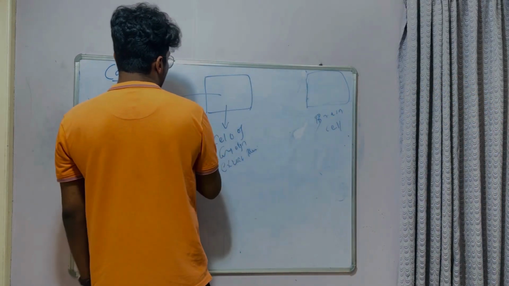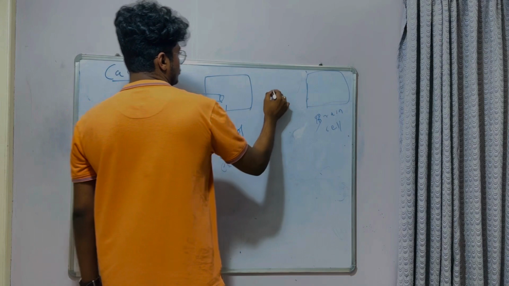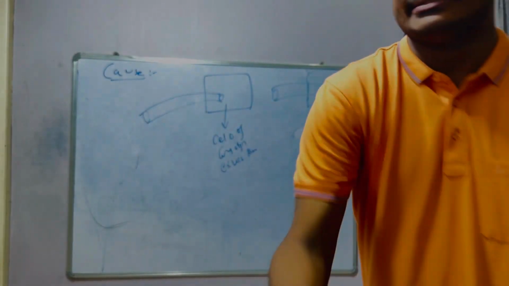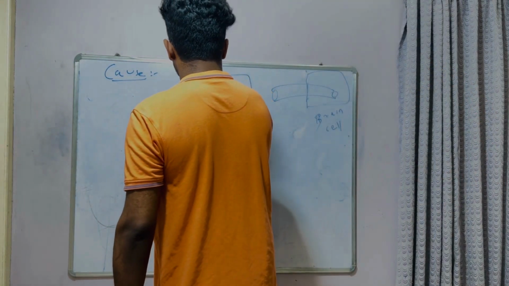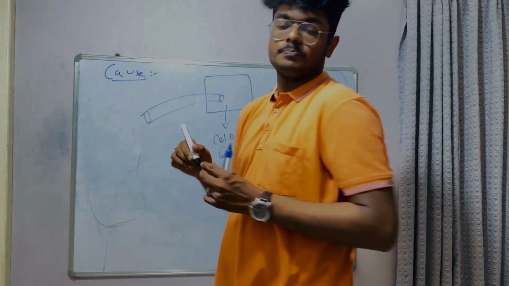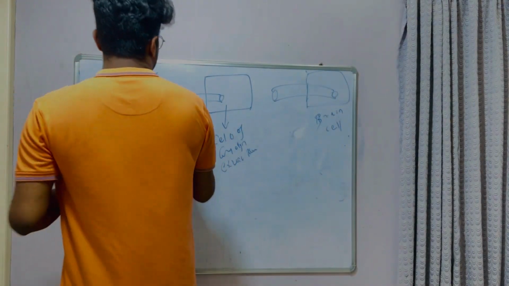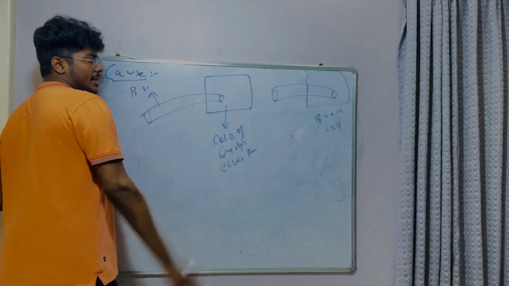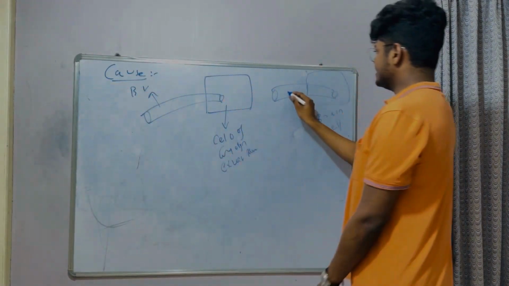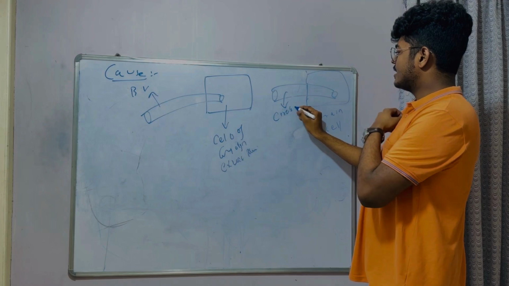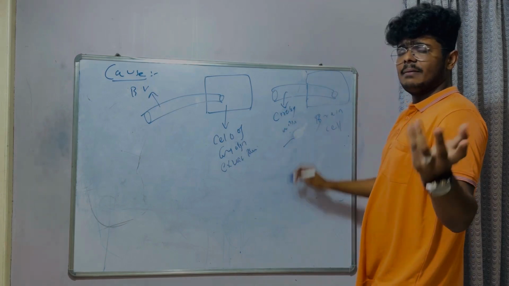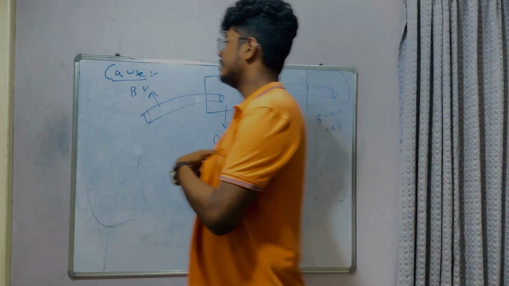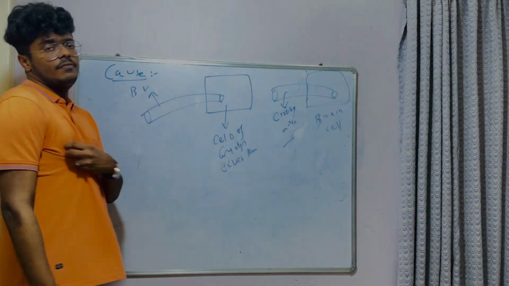Now, you have blood vessels here, and here also you have blood vessels, which supply blood. This is the blood vessel which supplies this cell of any organ other than brain. This is a part of the circle of Willis, a small artery of the circle of Willis, a small circulation.